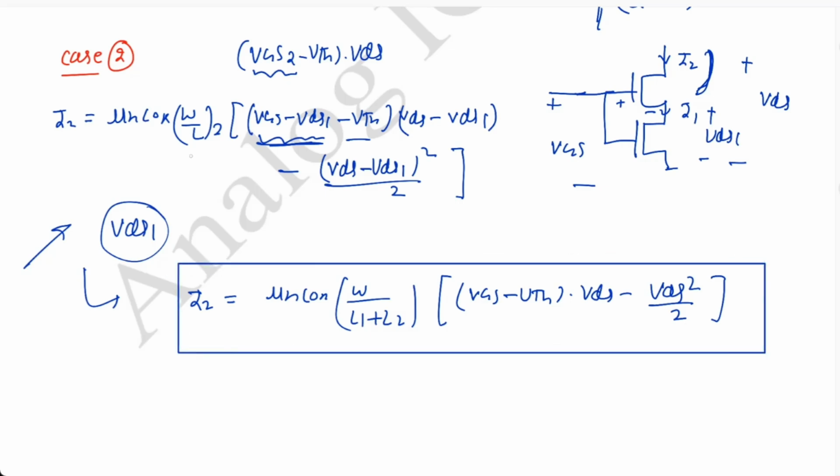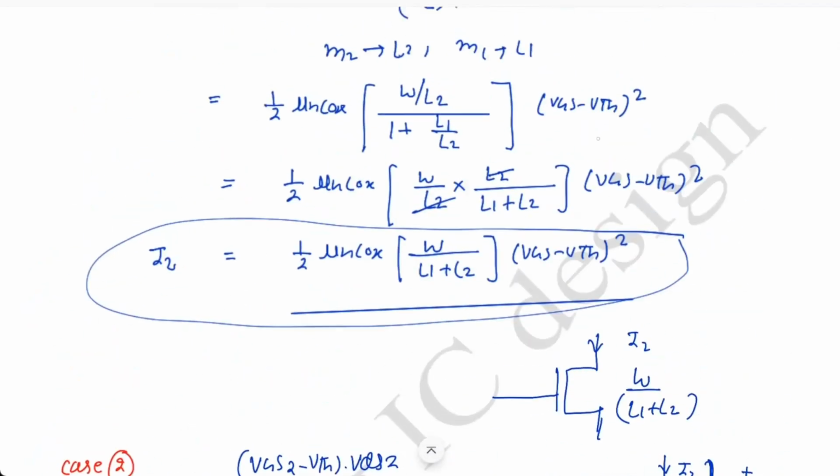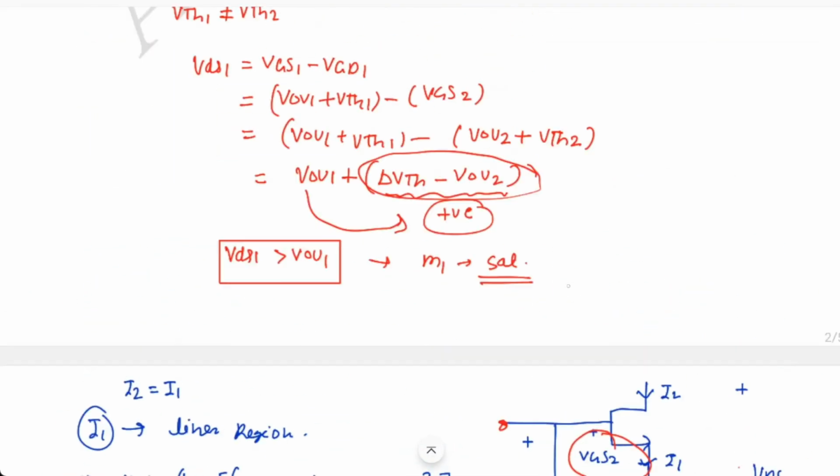So I2 is mu1 Cox W by L2 (VGS2 minus VTH) into VDS2, where VGS2 is VGS minus VDS1, and VDS2 is VDS minus VDS1, minus VDS2 square by 2. So when you put that VDS1, you will get this one equation. So in both cases, we can model this transistor as W divided by L1 plus L2.